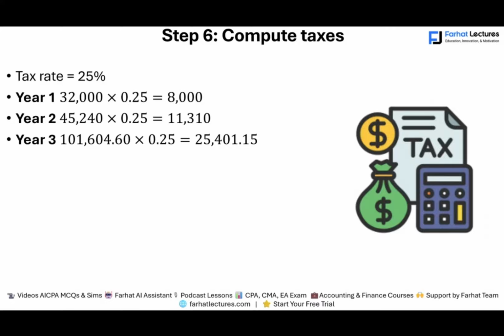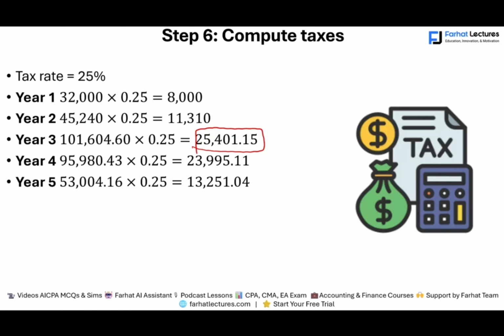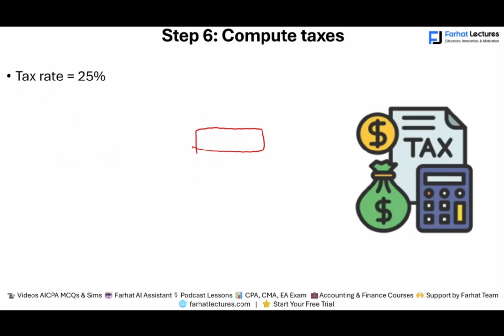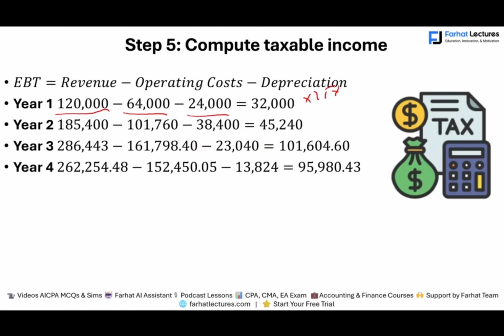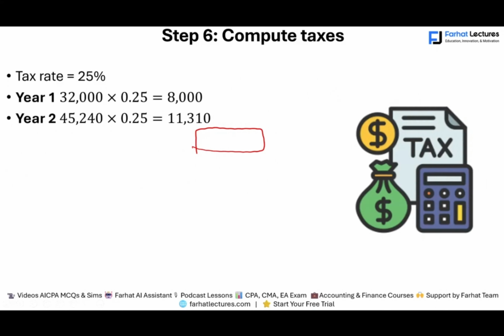Year 3, the tax will be $25,401.15. Year 4, $23,995.11. And year 5, $53,004.16 times 25%. So basically what we did is each one of these figures will be multiplied by 25% to come up with the tax bill.